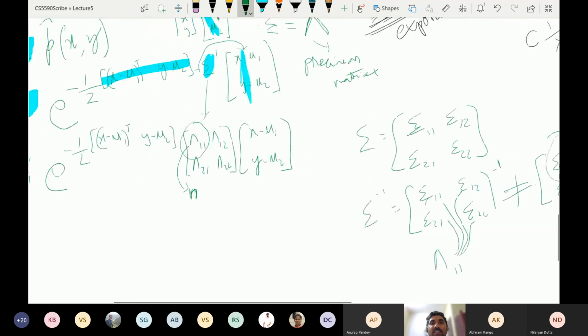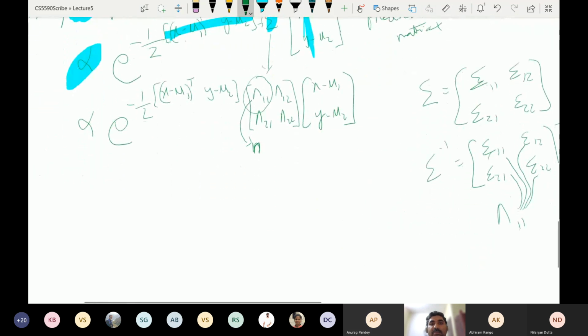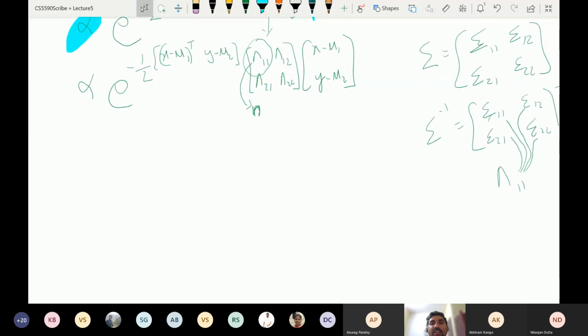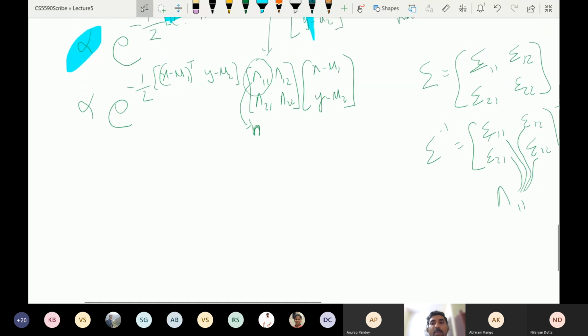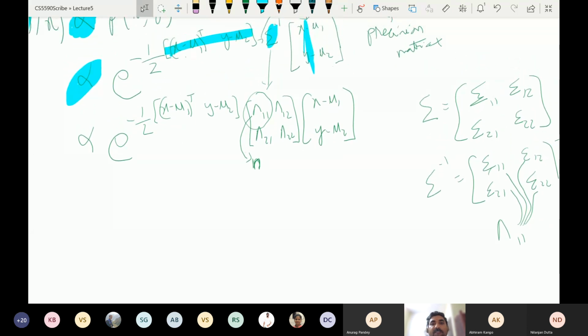So whoever said it will contain covariance of x terms, do you now agree that it need not? It can contain xy terms also. But we are only taking that submatrix of size n by n. That's all. Is that clear?